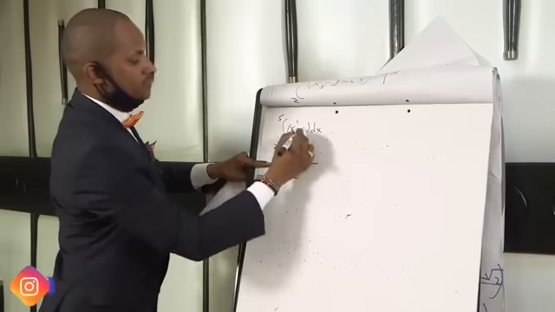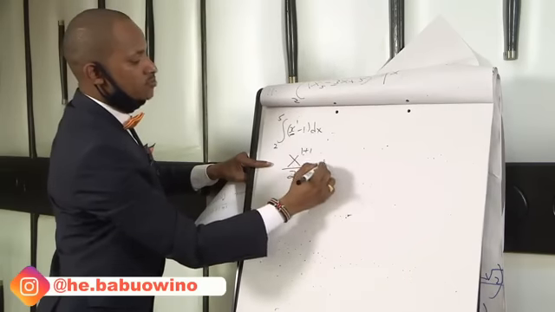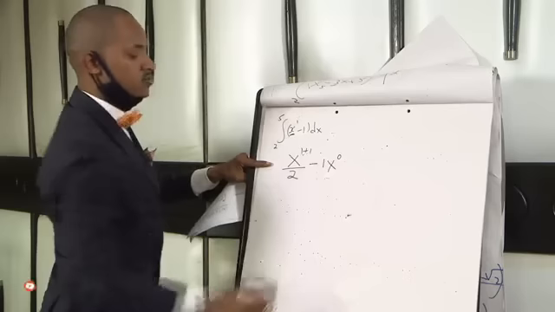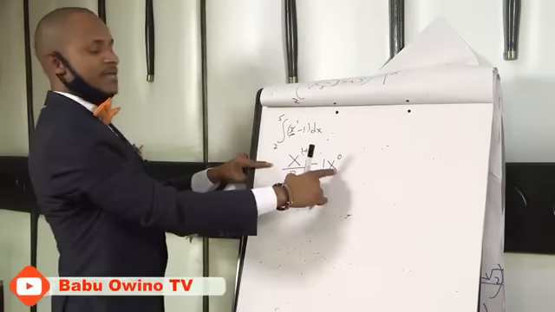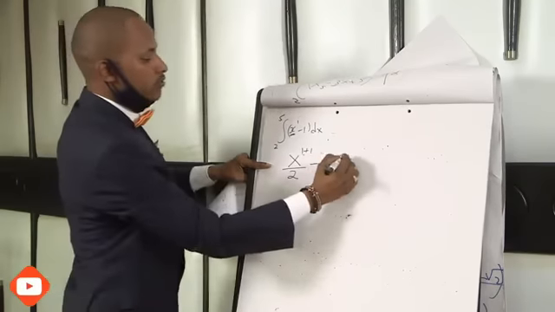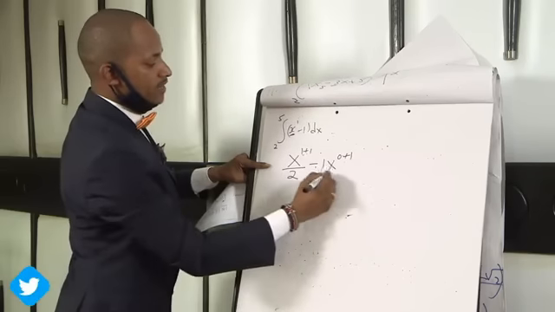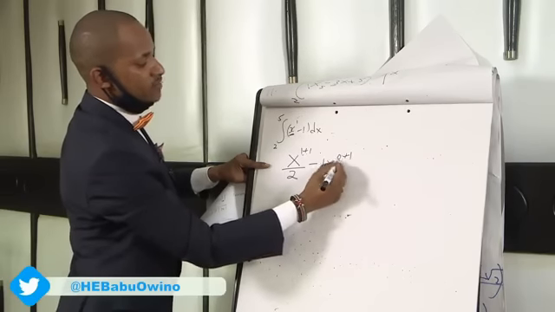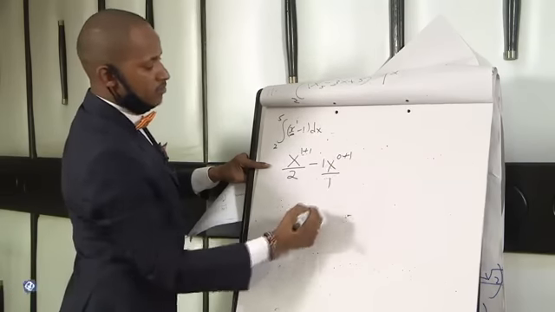Then minus, remember here we have 1. 1 can also be written as 1 times x raised to power 0. So 1 can be written as x raised to power 0. You add 1, then divide it by that value that you get. 0 plus 1 is 1.